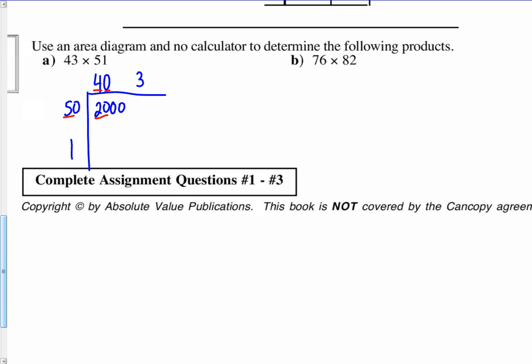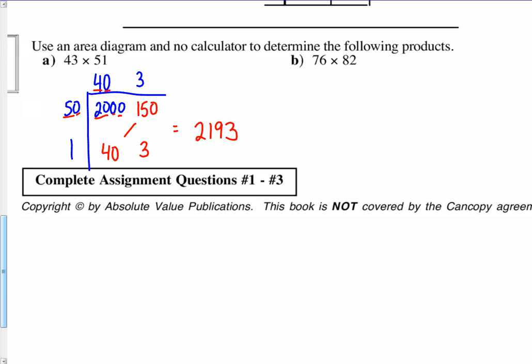So there's 1, 0 and 0. Okay, 50 times 3, 150. 40 times 1, 40, and 1 times 3. So if we add that all together, what does that equal? Come on. 2,190. There you go.